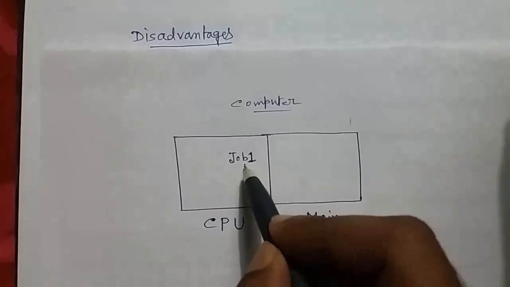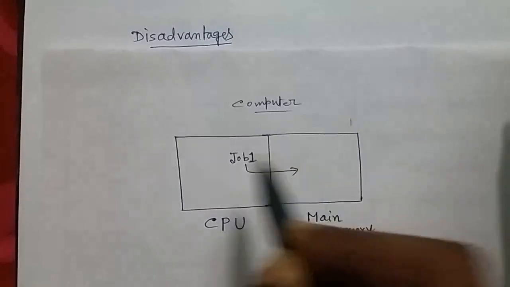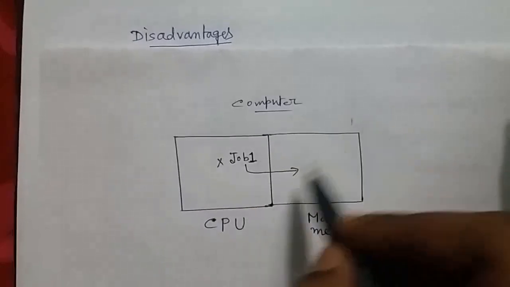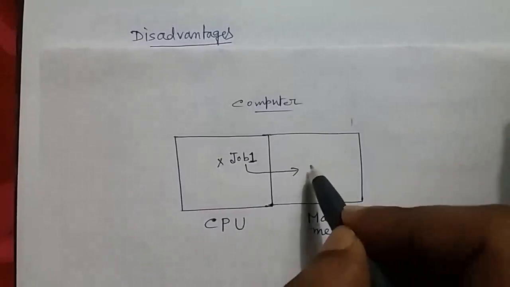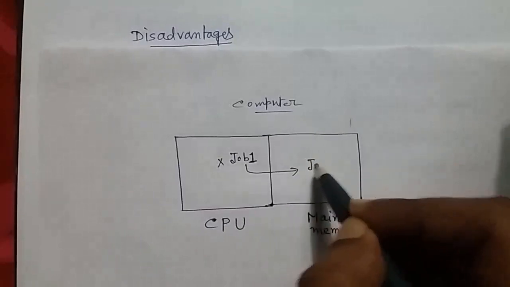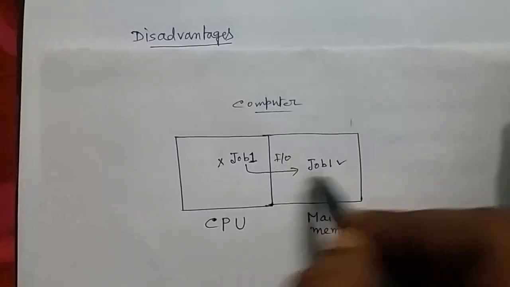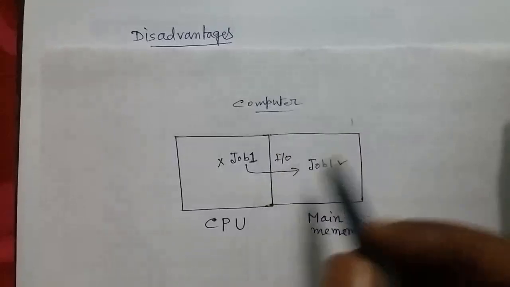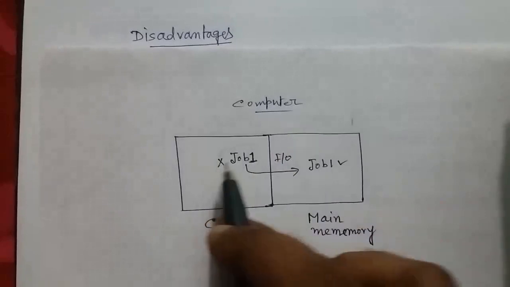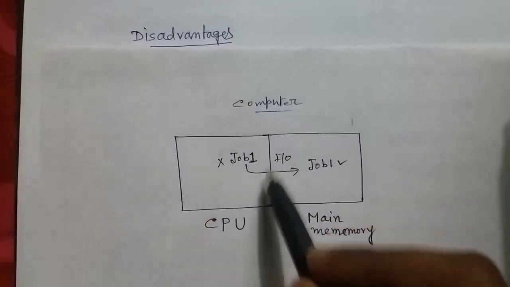So what will happen now? Job 1 will leave the CPU and reach the main memory for the IO operation. So at this moment job 1 is absent in the CPU, because it is in the main memory.